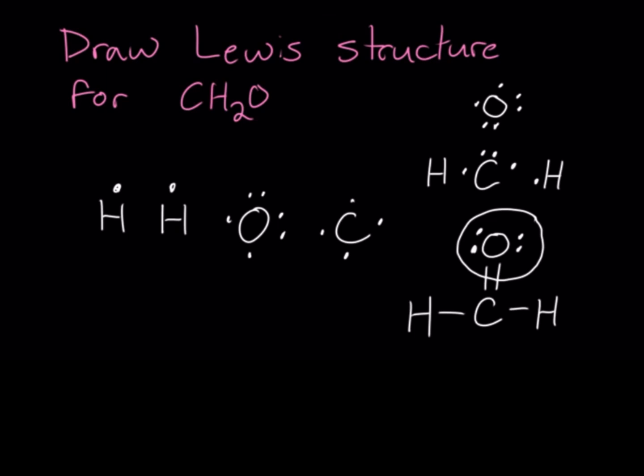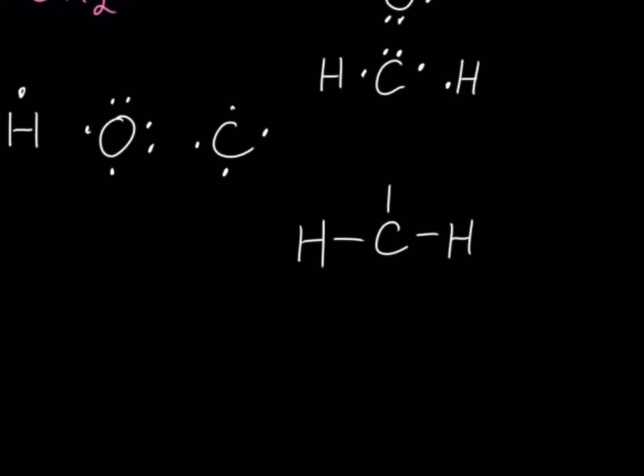Now, the formal charge is explained just in that way, right? What would happen if we didn't have the double bond there? Let's say we had another hydrogen. Well, carbon would bond to that other hydrogen, and oxygen would have 1, 2, 3, 4, 5, 6 pairs of electrons.